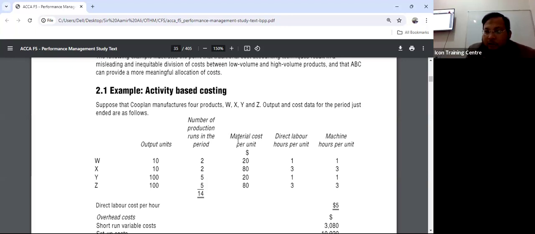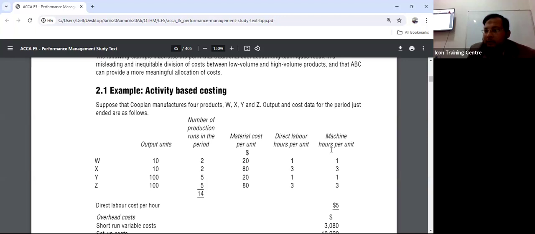If we just look at the material cost, W and Y will be cheaper as compared to X and Z, because the material cost for X and Z will be higher. Is this clear? Okay, perfect.